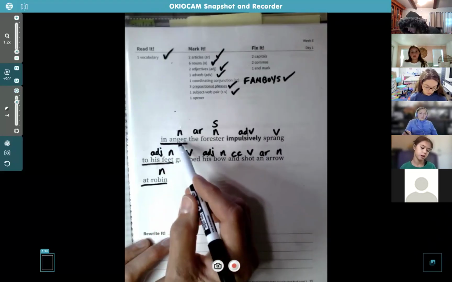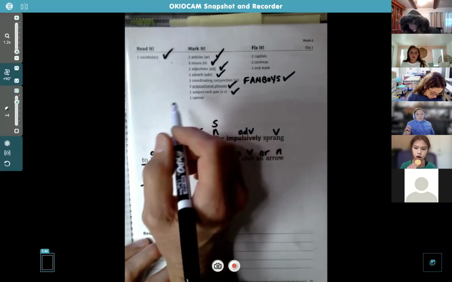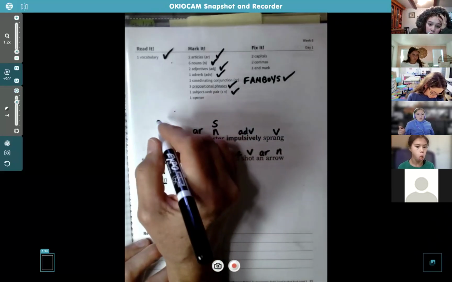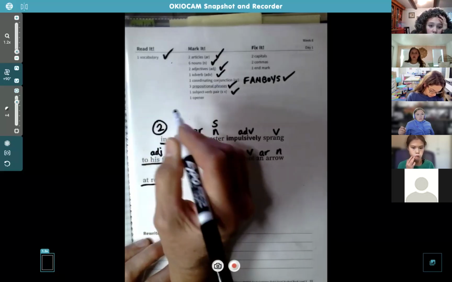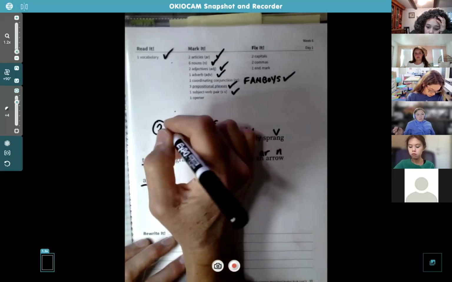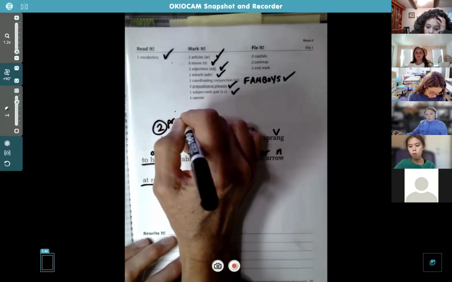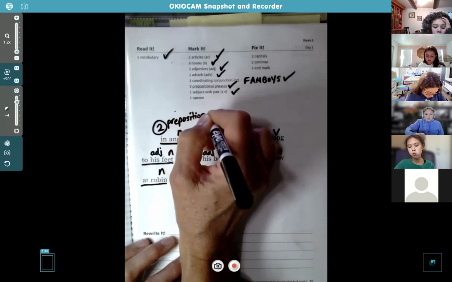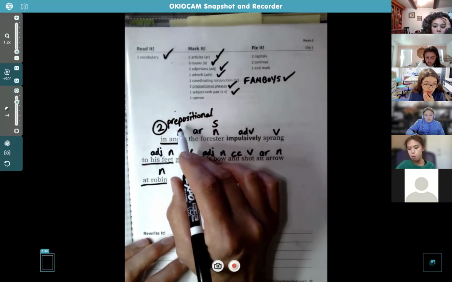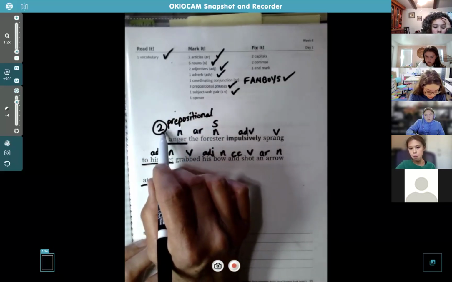So what kind of an opener is that? It's a prepositional opener. Remember, we just talked about that. The two that we know is subject opener and prepositional opener. Prepositional. So go ahead and write that word prepositional, and we're going to label it with a 2 with a circle around it.